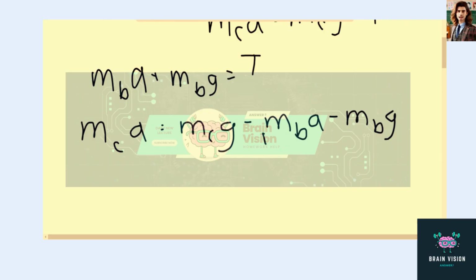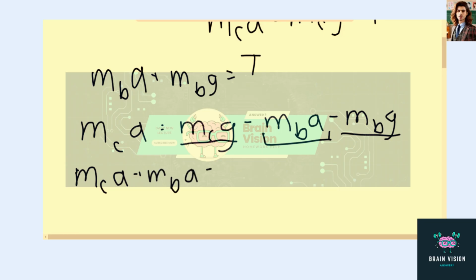So I'm going to move this term over to the left side, and then I'm going to pull out a common factor of g from the gravitational force terms. So we have m sub c times a plus m sub b times a on the left side, and then we have g times the difference between the masses.